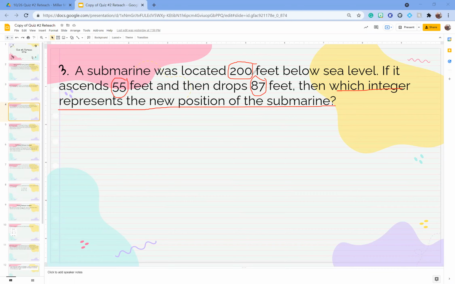Over here, it starts at 200 feet below sea level. So that starts at a negative 200. It ascends 55, so it's going up 55 feet, then drops 87. So we do the same thing. We have our negatives.